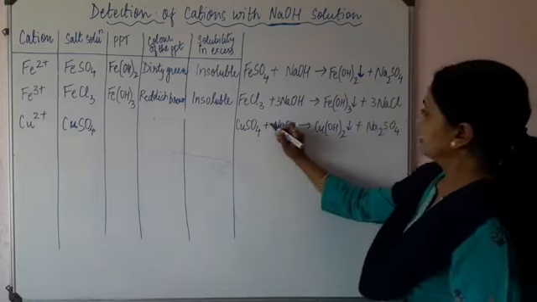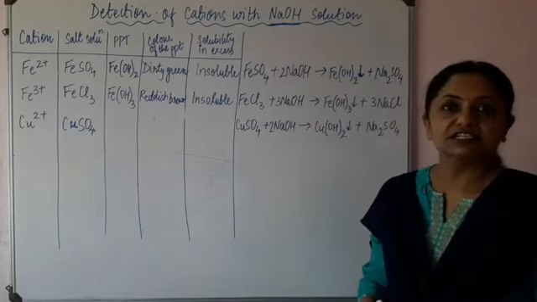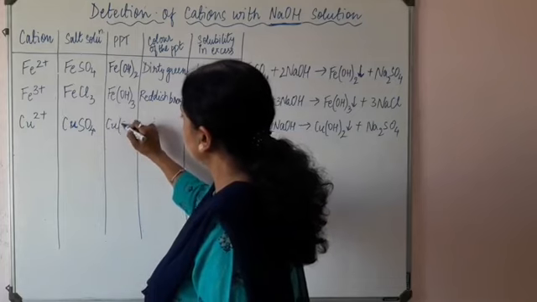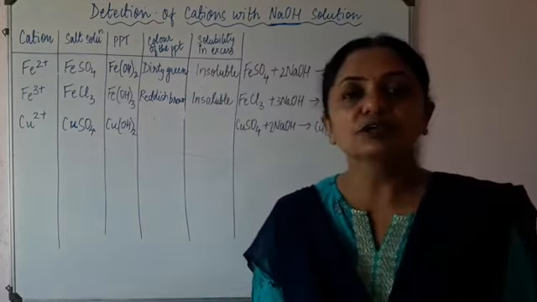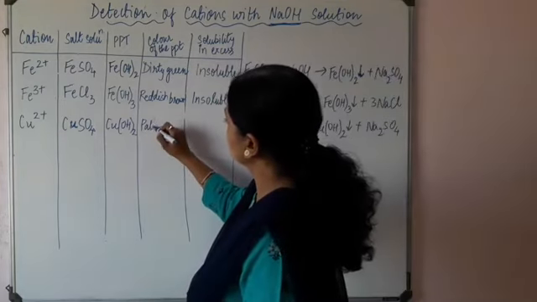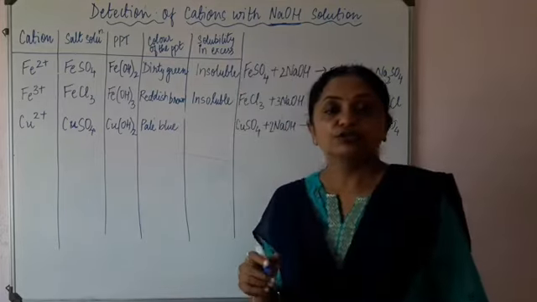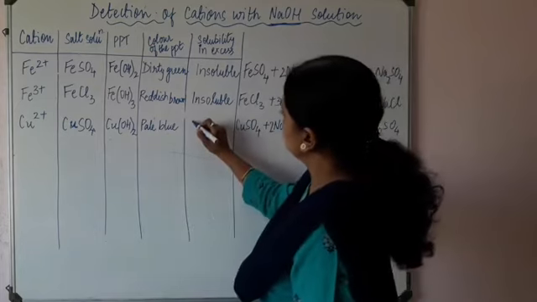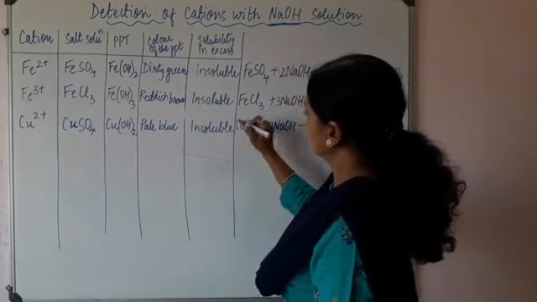Now we balance the reaction. Here we are getting cupric hydroxide precipitate, which is pale blue in color. And now if you add excess of NaOH, this will remain insoluble only. The precipitate remains blue only.